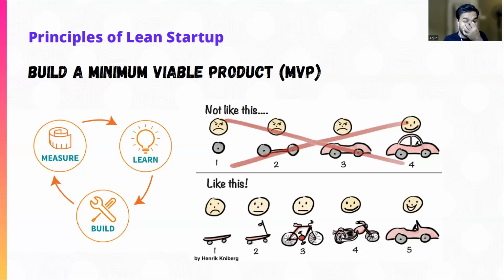Then maybe the customer is going to say, I want to go faster. Then you come up with a bike, and probably the customer is going to say, I now want to travel along with all of my family members. So then now you come up with a car. So the difference between the first set of images and the second set of images is basically that in every point you have something to sell.